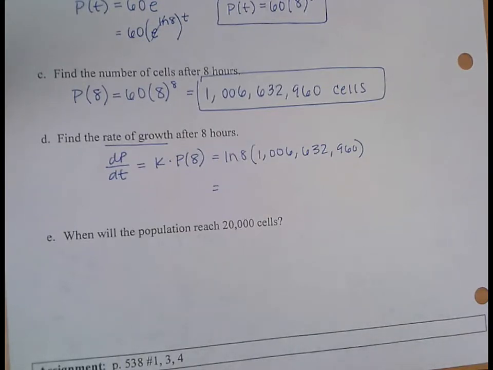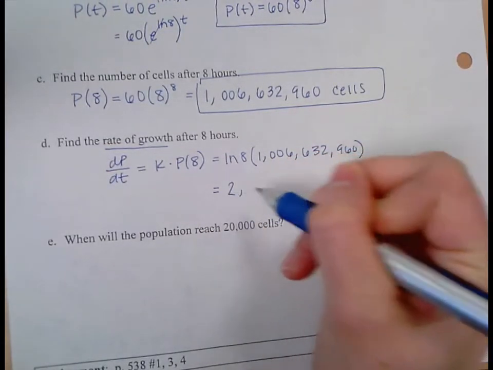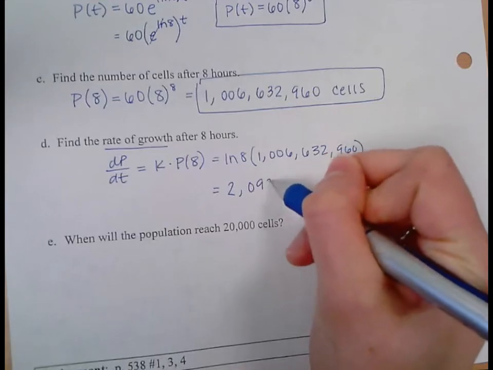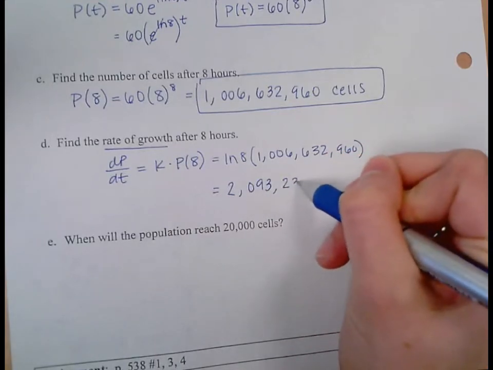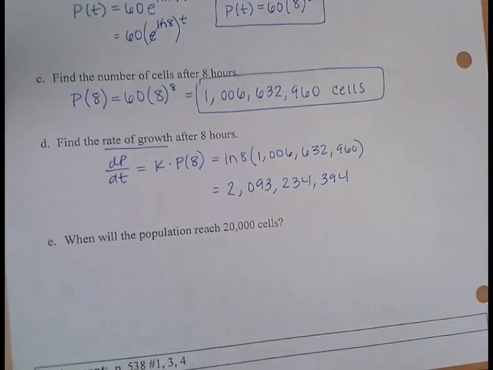So this comes out to be 2,093,234,394. What would the units on that be?